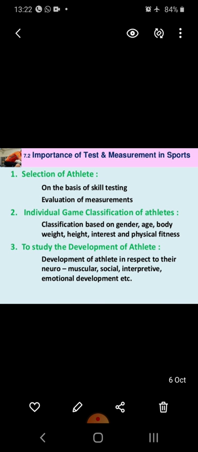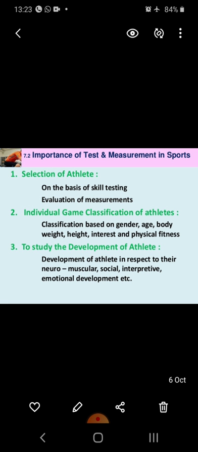Next is to study the development of athletes: development in respect to their neuromuscular, social, interpretive and emotional development, etc. So test, measurement and evaluation are also important for studying how the athlete is developing or not developing.